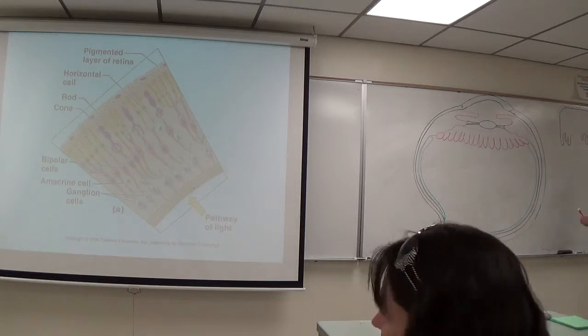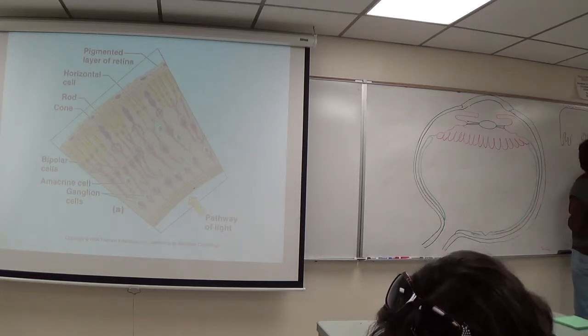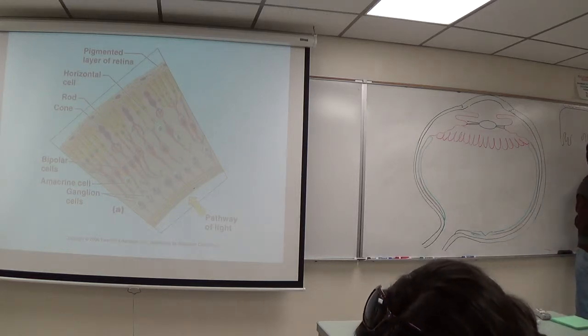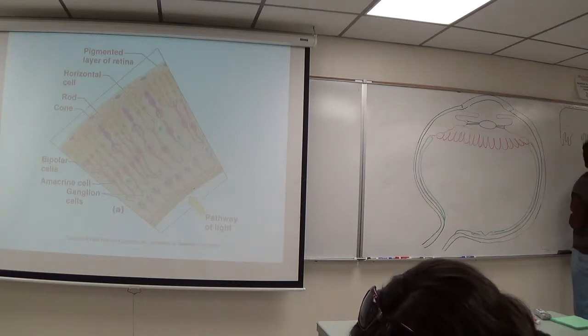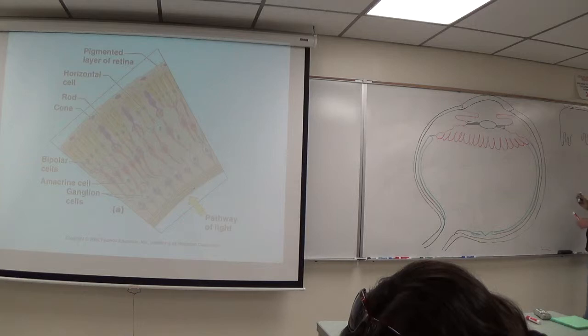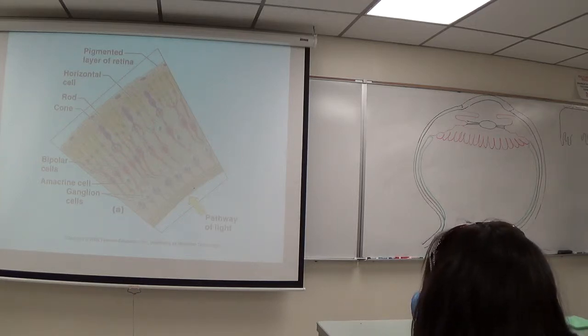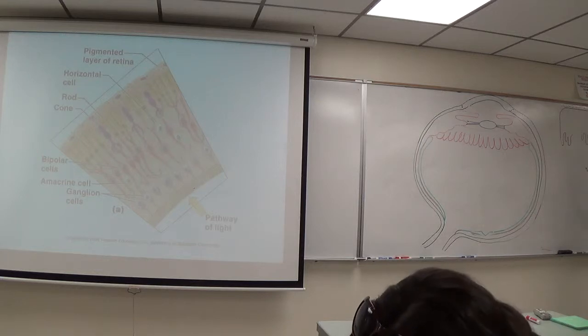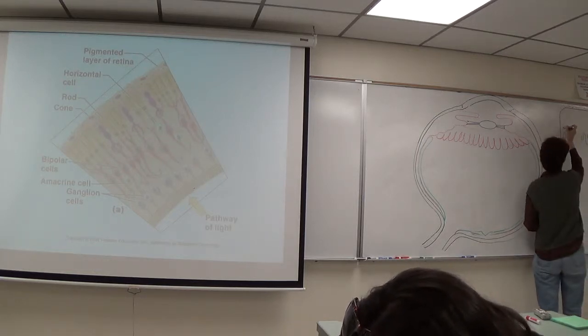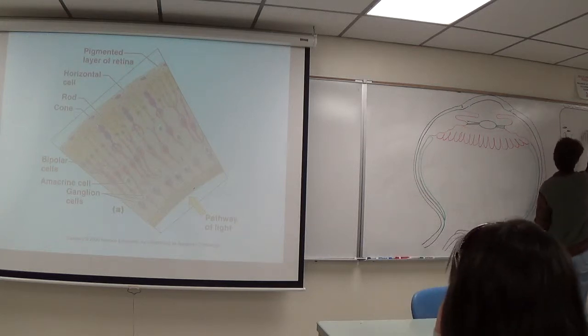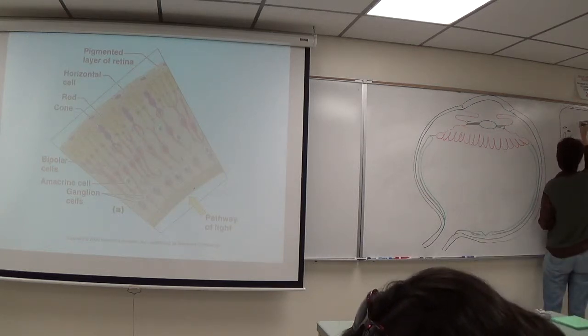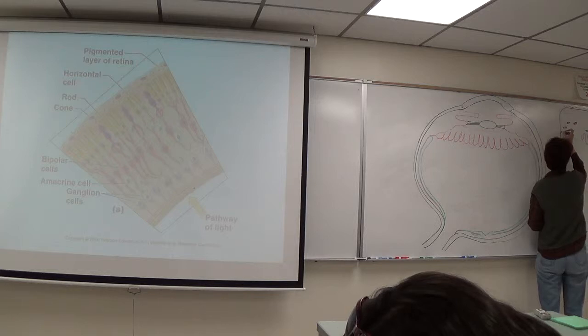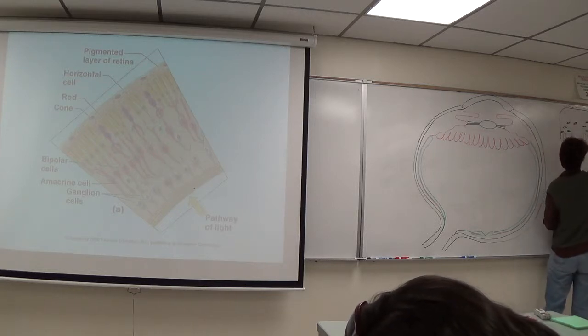These outer pigmented epithelia have two functions. The only function I gave you on Tuesday was that they absorb the light and they prevent it from being reflected back into the eyeball and bouncing around on the inside of the eye. And so they have melanin, that's their pigmented component. They're going to have melanin here in order to absorb the light.